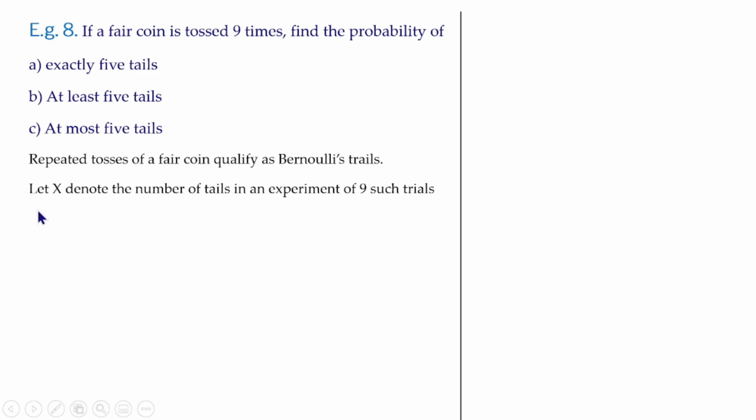And let x denote the number of tails in an experiment of 9 such trials. So here n is equal to 9, then the probability of success, here x denotes the tail, so probability of success is probability of getting a tail, it is half, and q is equal to 1 minus p. So 1 minus half is again half.